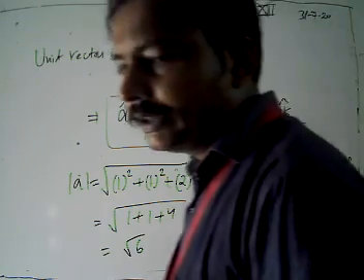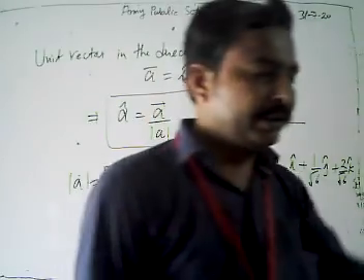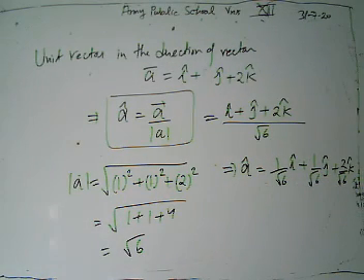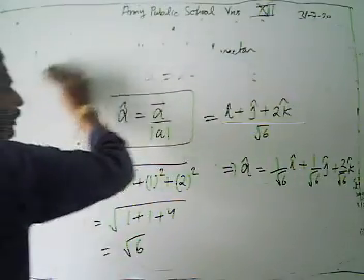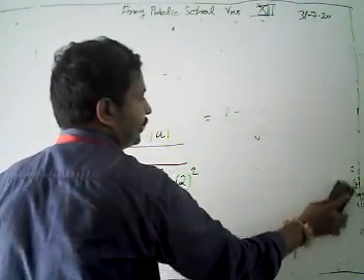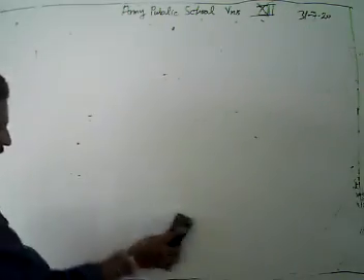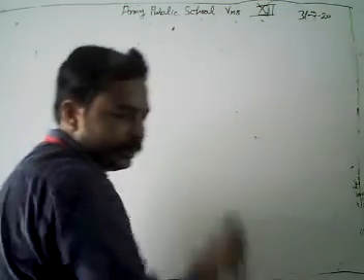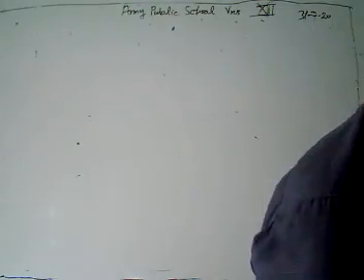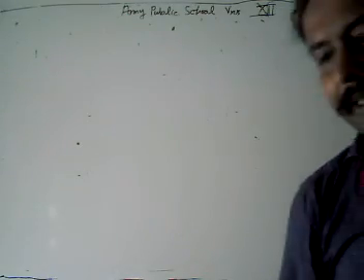This is our unit vector in the direction of the given vector. Now we are going to take another problem. Whenever you have to find the unit vector in the direction of a given vector, you must keep in mind that you have to find the vector a cap.